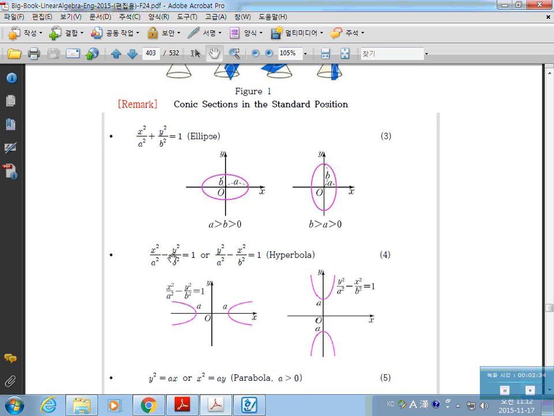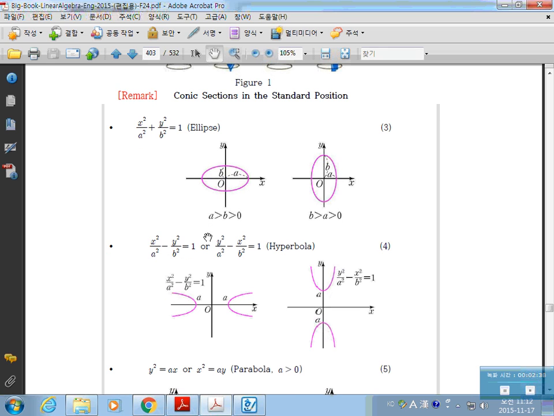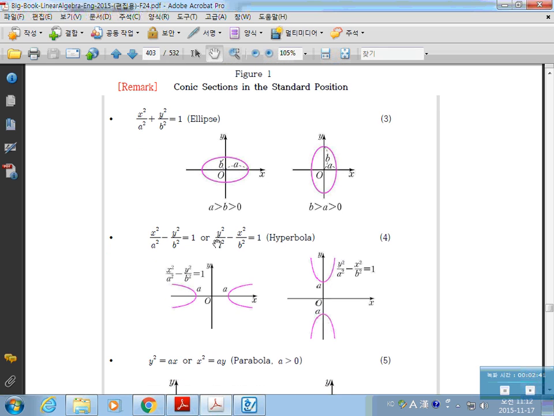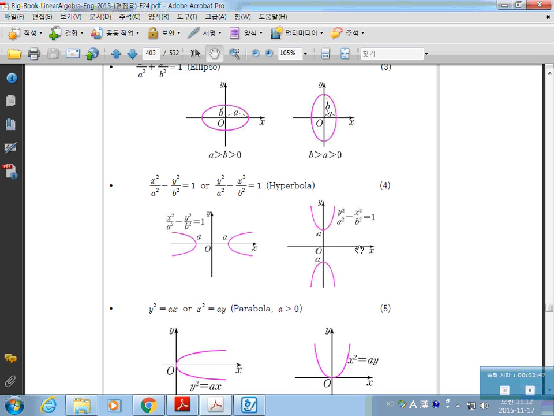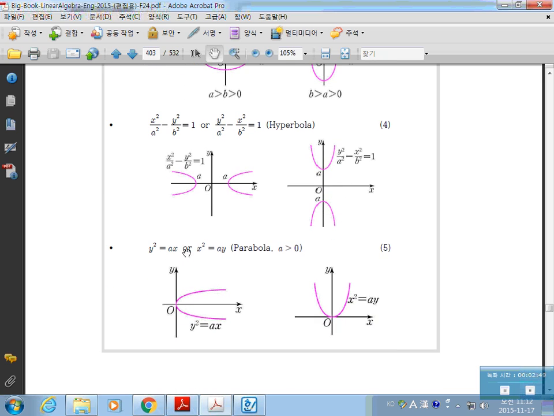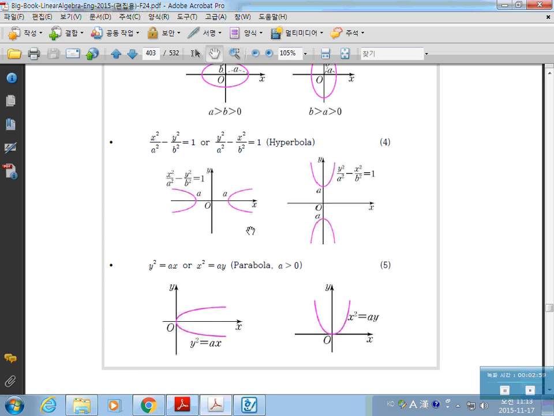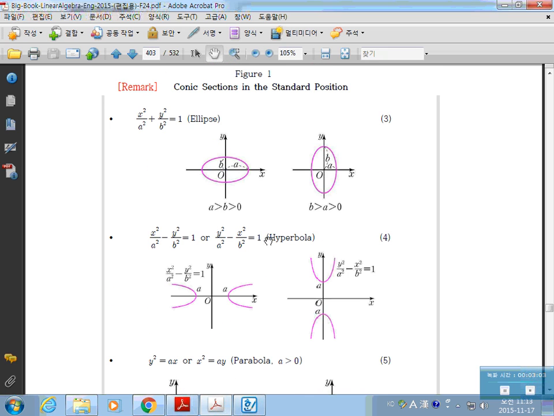If you can simplify the given quadratic form in this way, then you will have a hyperbola which looks like this. And if you can simplify a given quadratic form in this way, then you will see a parabola in these forms. So these are all special cases that you can find from quadratic forms.